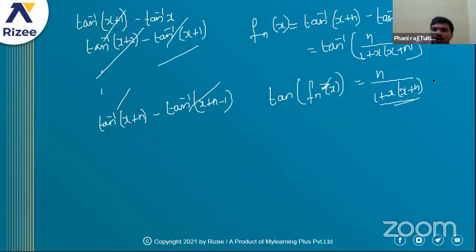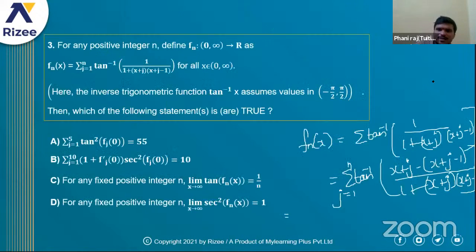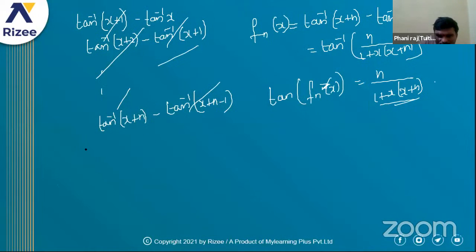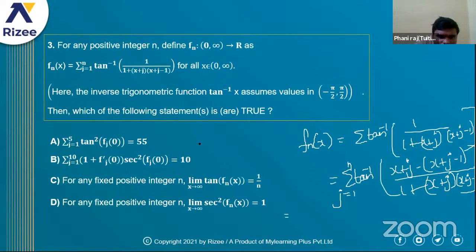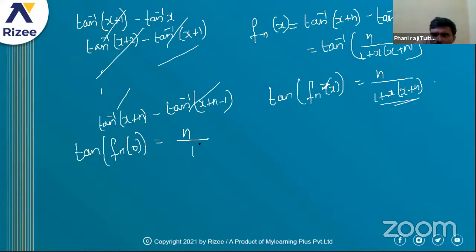Now first option A and option B involve 0. So let's put x equal to 0. You get what? Tan of fn of 0 will give you what? N by 1. Okay. So now what do you do?